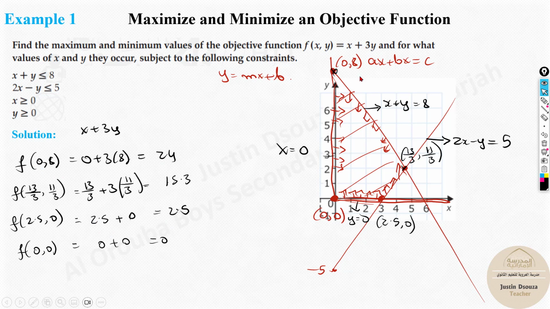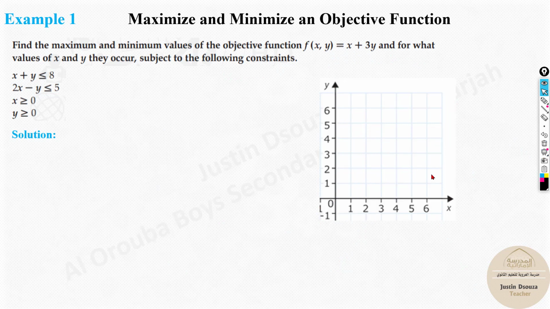Now here you don't need to make an accurate graph, just randomly sketch it by just basic understanding of the slope intercept form, and then you can rearrange it, because when you solve for the vertex, when you put this in the calculator and solve the vertices by solving the two equations, you will understand the accurate points. So then you can really rearrange the graph if you want. You can just write the vertex points and then put it in the objective function and solve it up, and there you go, that will be the answer.